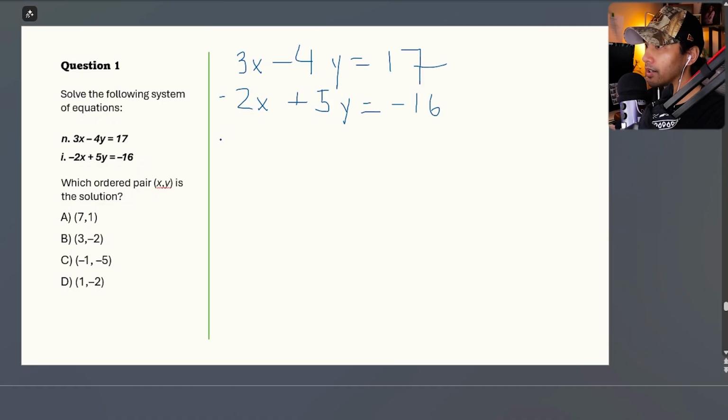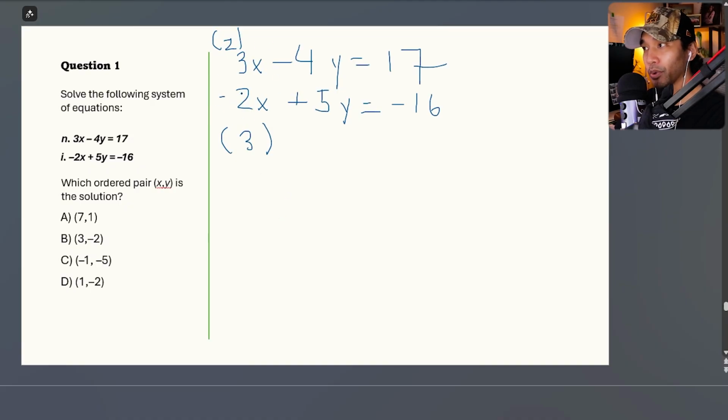What I would do here is multiply this whole equation at the bottom by 3 and the top by just 2. I was going to say negative 2, but just 2. Why? Because I want to clear out this variable.